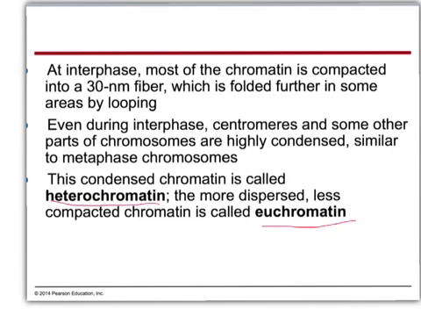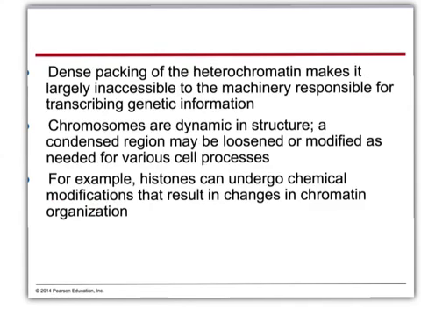Heterochromatin tends to be inactive and sort of stored. Questions on heterochromatin? It just makes it largely inaccessible. We'll go over histone modifications when we talk about DNA transcription. Questions on that?